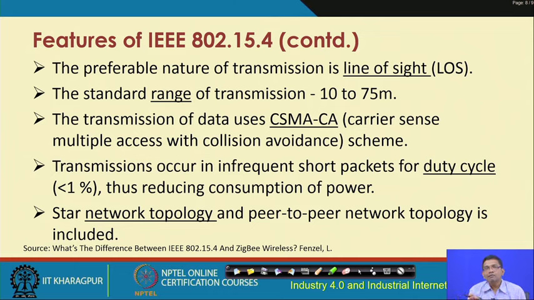That means the sensor will be active for a short duration of time, because that will reduce the power consumption. So, in this kind of environment 802.15.4 is useful. And the topologies that are typically used are the peer to peer topology, the star topology, and so on.